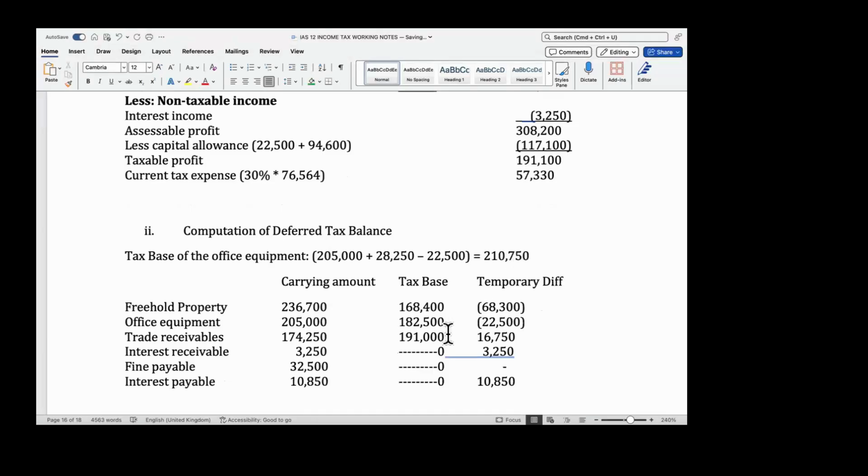Thank you. 210,750. So what's the difference? $5,750. 5,750. Okay, so this gives us a deductible temporary difference.